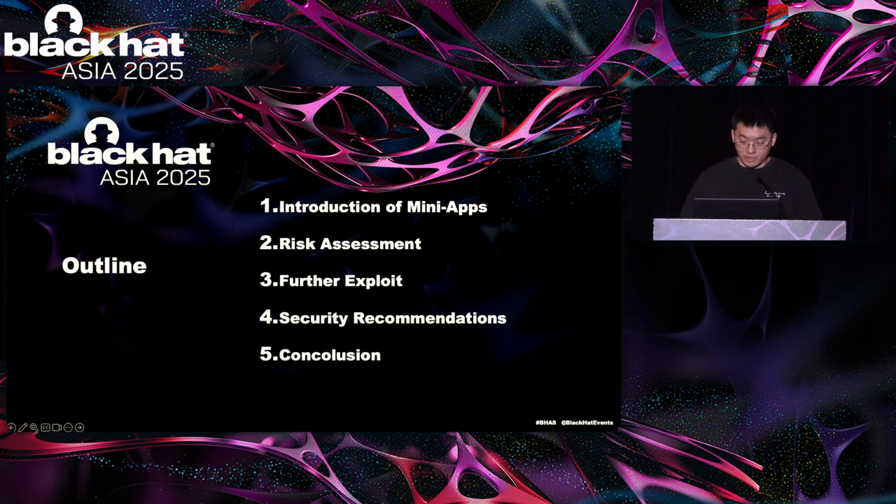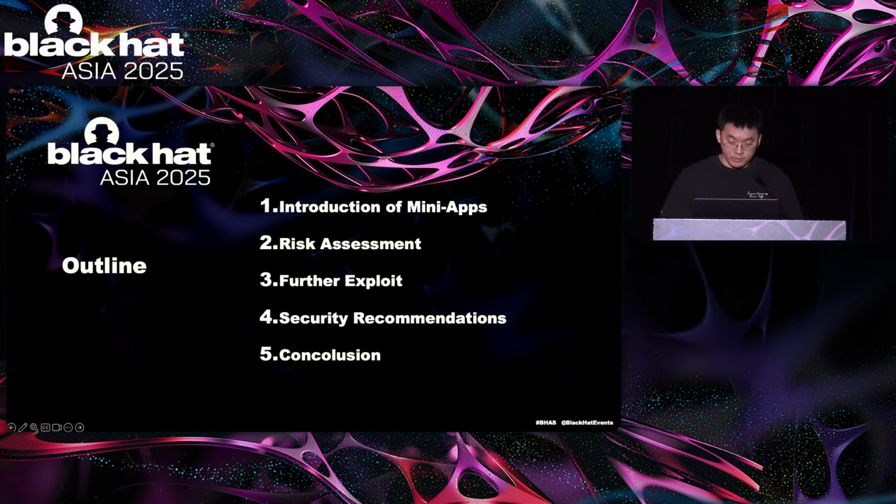In the second chapter, I will talk about how we conduct security assessment on mini apps, focusing on its API, covering its network and file capabilities, compared with native apps and web apps on browser. In the third chapter, I will discuss further analysis of the security risks that may exist in its architecture, such as how to discover and use hidden APIs, and how to apply prototype chain attack on mini apps.